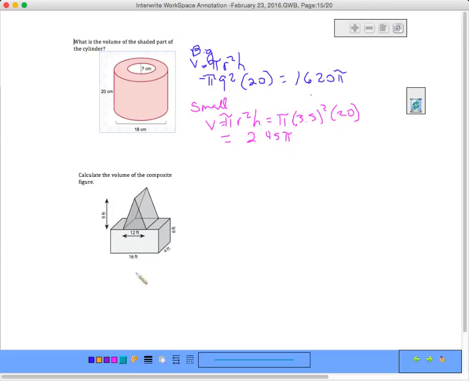Now to get the volume of just the outside here, I need to take the big volume and subtract the small one. So I'm going to take 1620 pi minus 245 pi and get 1375 pi, which is about, if I put that in my calculator, 4,319.69 centimeters cubed.